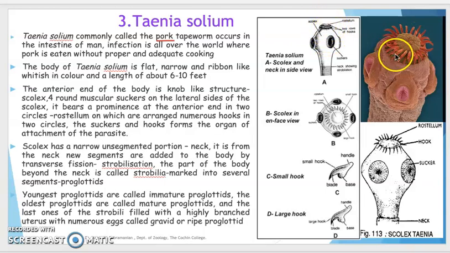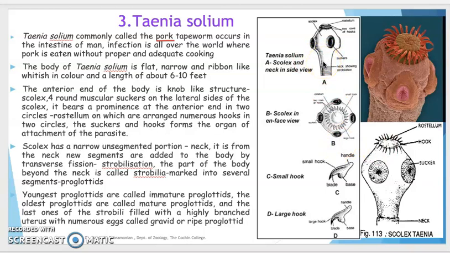This is the scolex in surface view. These are the 4 ventral suckers, and these are the hooks. This arrangement is called the rostellum, on which numerous hooks are arranged in 2 circles, and these hooks form the organ of attachment for the parasite.